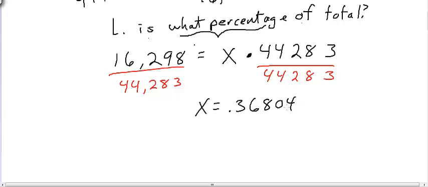Now I need to round this to the nearest 10th position. First, let's change it into a percentage, which means moving my decimal point 2 spaces to the right, becoming now 36.804. Since 8 is in the 10th spot, I'll look to the number to its right, and it's not 5 or greater, so it's just going to stay the way it is, and we'll say 36.8%.